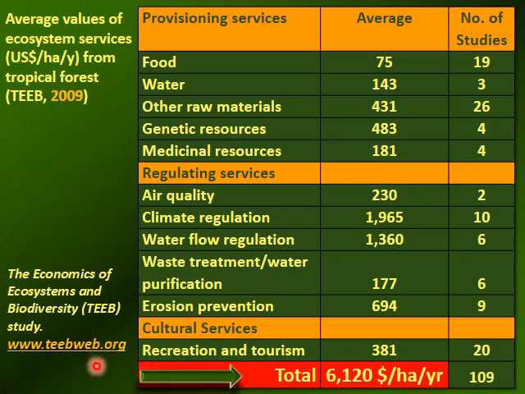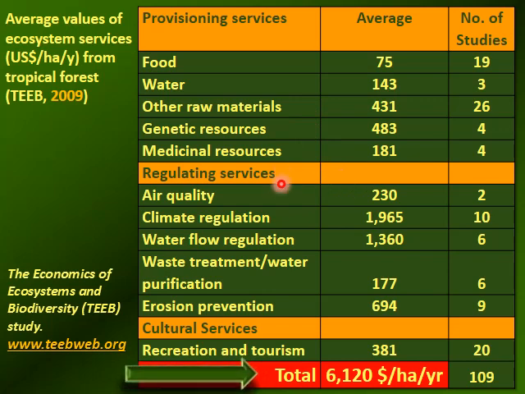Here is the website here. And this is a project which brought together, I think it was about 180 experts and scientists from around the world, reviewing the literature and collaborating on writing a document that will actually put a value on all of these things. So they reckon $75 worth of food, $143 worth of water, and so on and so on.